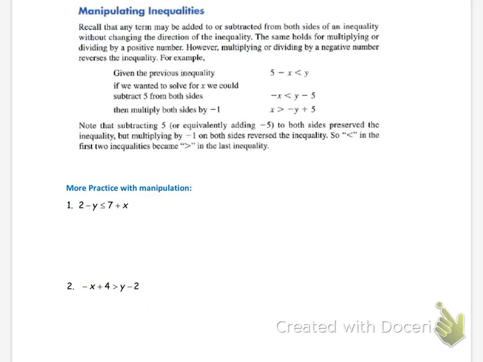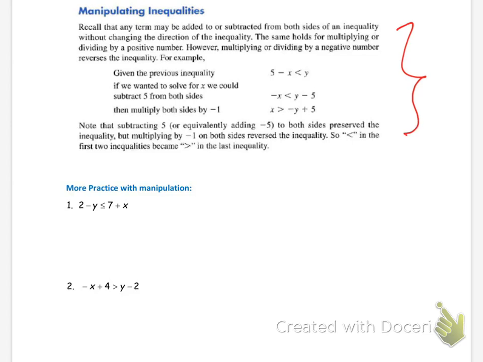Okay, this is an important little section called Manipulating Inequalities. If you want to move your y around in your equation, or in your expression, I should say, so that you can read it and get more information, you want to follow some very special rules.